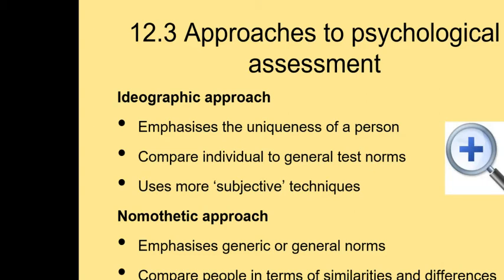Okay, guys. Now, there are two broad approaches to psychological assessment: the idiographic approach and the nomothetic approach. The idiographic approach emphasizes the uniqueness of a person. It compares the individual to general test norms, but it's more about the description of the individual.